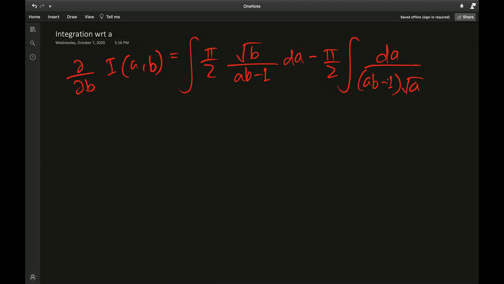Okay, so as promised, we have these two integrals with respect to a. So when I calculate this, I have pi over 2 and I have a square root b.